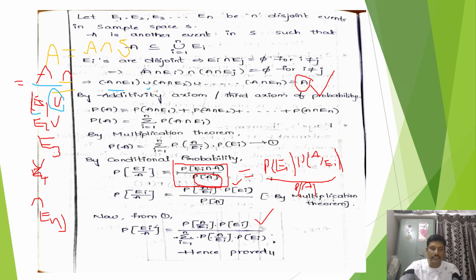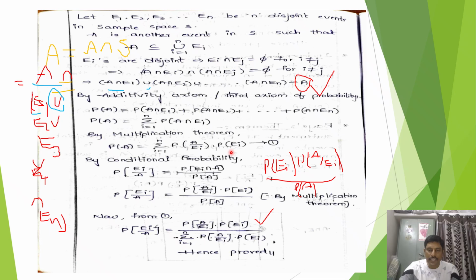Now P of A is equal to sigma i equal to 1 to n P of A given Ei. P of A intersection Ei, according to the conditional probability, we can write it as P of A given Ei into P of Ei, because we know the event Ei probability clearly.